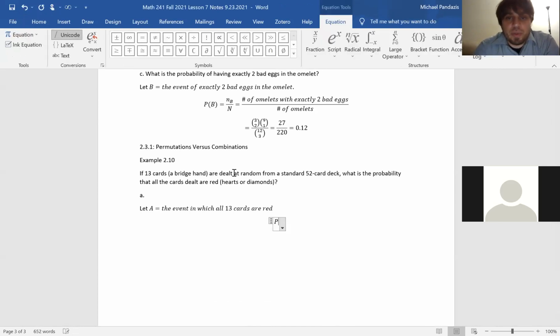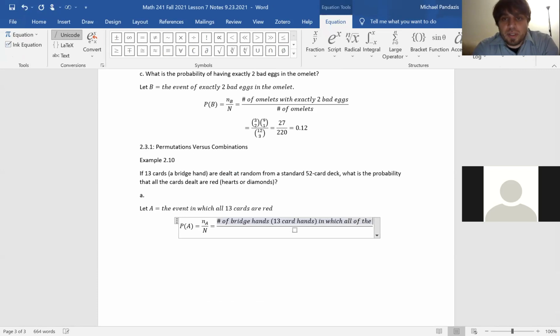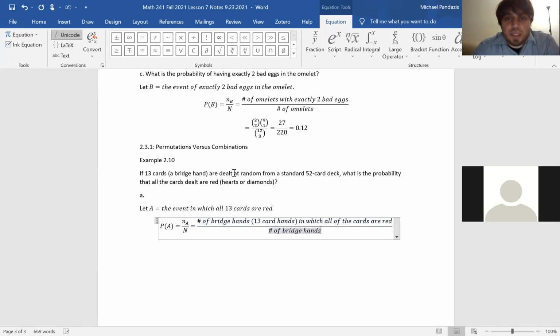Okay, and the goal is we want to find the probability of that event A. That's equal to n sub A divided by capital N. So it's the number of bridge hands, 13 card hands, in which all of the cards are red, divided by the number of bridge hands, or 13 card hands.